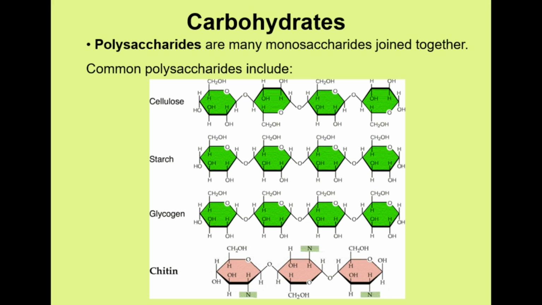And you can see there that it's glucose, but it also has the addition of some nitrogen in it as well. So it's a slightly different structure. But there we can see two examples from plants, cellulose and starch, and then two examples from animals, a storage polysaccharide in the form of glycogen, and then a structural polysaccharide in the form of chitin.